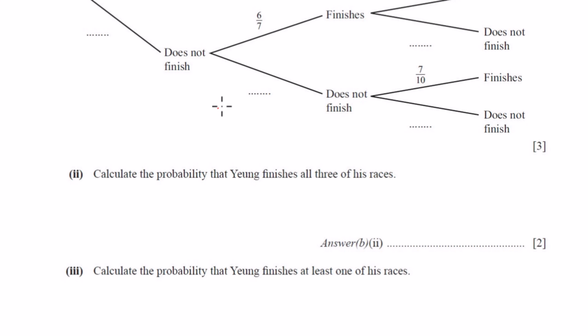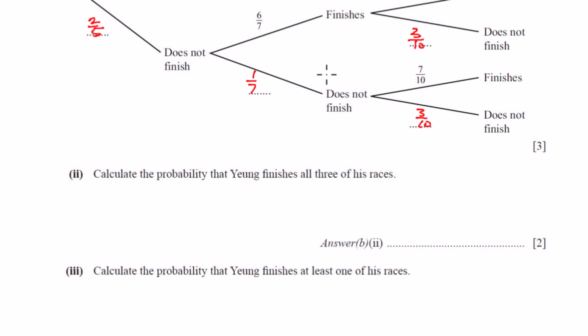So this is 2 over 5, 1 over 7, 3 over 10. Just fill up this place as usual. You have your 3 marks.